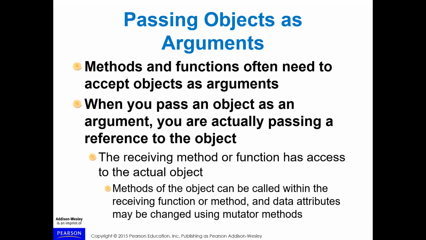Now, objects. One of the very handy things about object-oriented programming is that you create an object that has a lot of information associated with it. You have attributes, functions. As your data is flowing in your program and you're building much more complex architectures, you can actually pass the objects themselves as attributes.